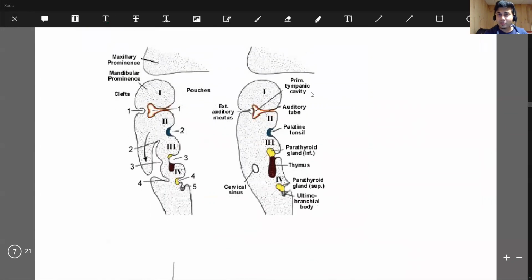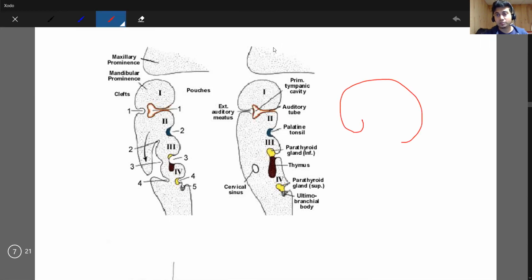Another possibility that you get a neck mass is persistent cervical sinus. Before going to the persistent cervical sinus, you need to have an idea about the cervical sinus. What is that? Again, that picture that I told earlier about the embryo, that these embryos are like this, right?